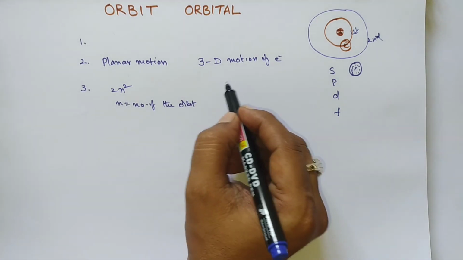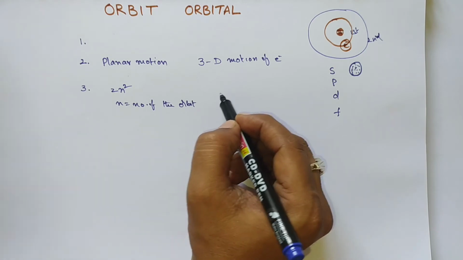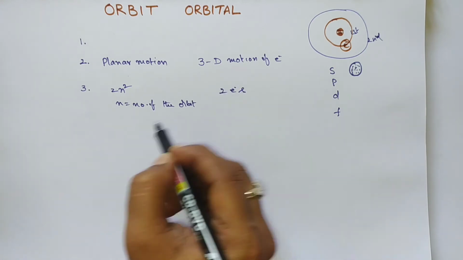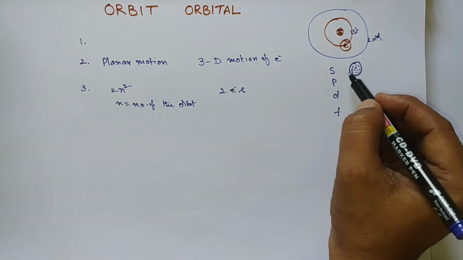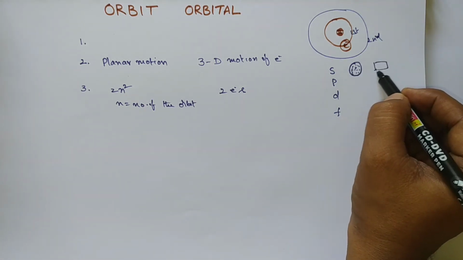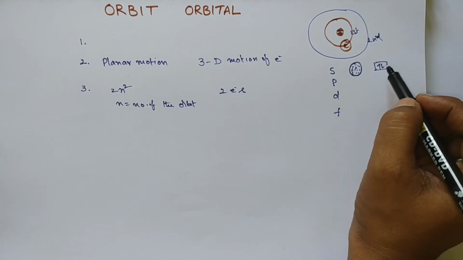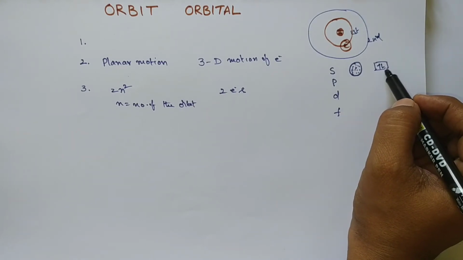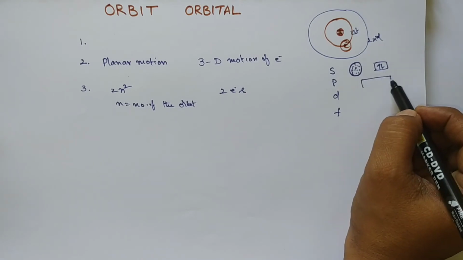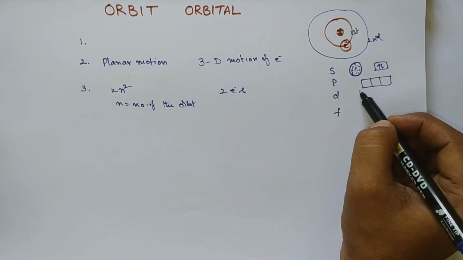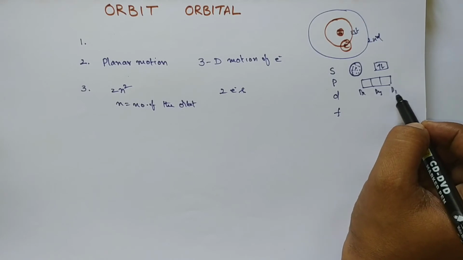Whereas in case of orbital, only 2 electrons can be accommodated in each orbital. Suppose if you take s orbital, it can accommodate only 2 electrons, one having positive spin, the other having negative spin. If you take p orbitals, there are 3 subshells, that is px, py and pz.